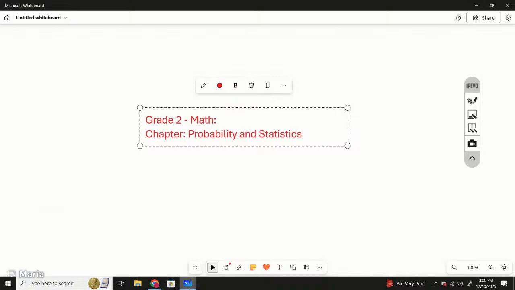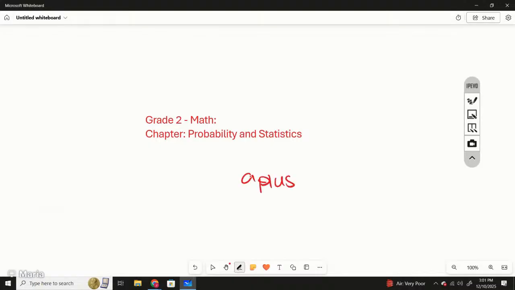We are here for grade 2 math. You can find all the lessons on aplusstudents.com. You have to log in there using your email address and the password provided by the administrator.